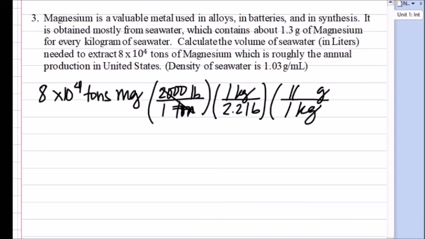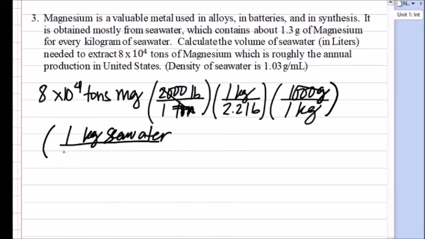So, and then, okay, so gawin natin. Patapos yan. So, 2,000 na yan. Okay, so cancel na po dyan yung tons, then yung kilogram, then matitira grams. Okay, so sabi kanina, no, kada 1 kilogram daw ng seawater, okay, didepend lang natin, or yan po ay correspond sa 1.3 grams of magnesium.